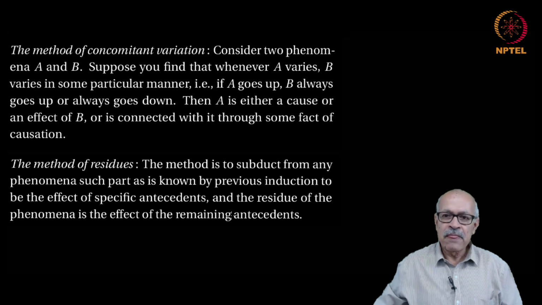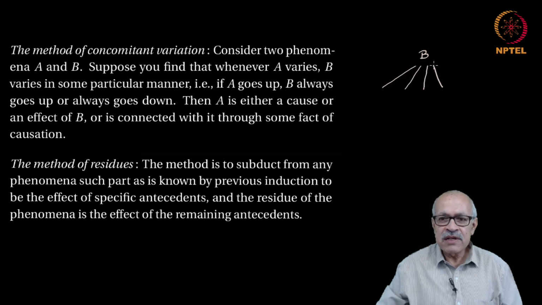Let us illustrate. Suppose the phenomenon B has happened, and when you explore the situation prevailing before the event B occurs, you find that there are a few factors, say P, Q, R, S, T, whatever.